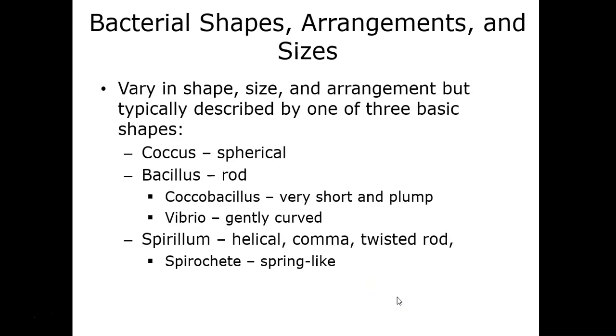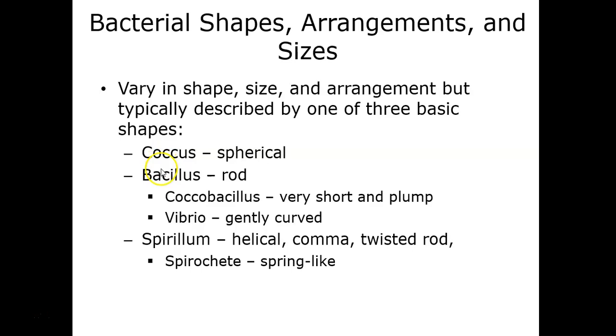All right, we are going to transition and start talking about shapes, arrangements, and sizes of bacterial cells. So there are three basic categories of shapes for bacterial cells. We have the coccus, which is round or spherical. We have the bacillus, which is cylindrical or rod-shaped.